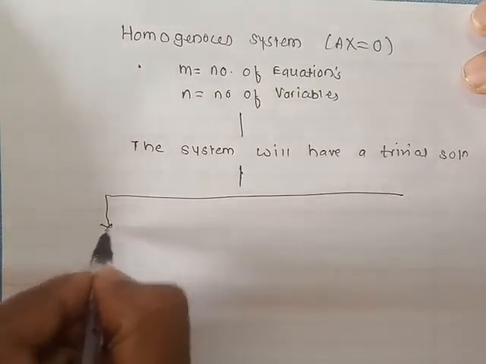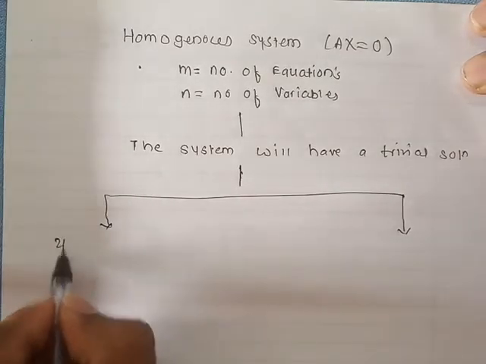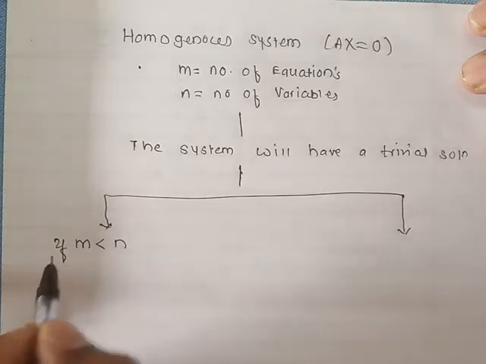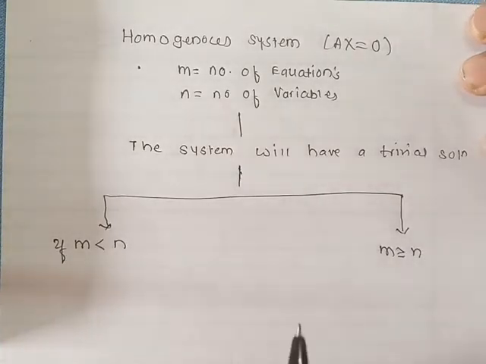Now here we have two cases. If m is strictly less than n, and second, if m is greater than or equal to n.